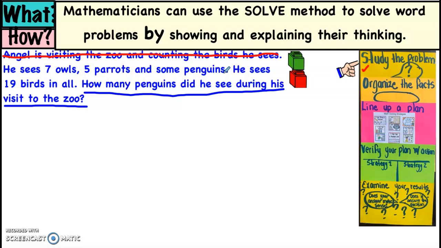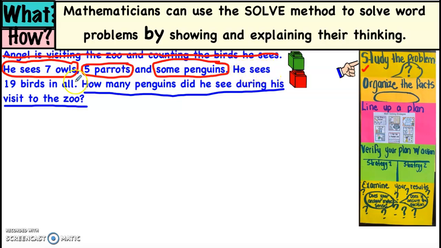Let's continue. It says that he sees 7 owls, 5 parrots, and some penguins. Do you think that we need to circle any of this information in order to solve the problem? If so, what do we need to circle? What do you think is important? If you say that 7 owls is important, I agree with you. 5 parrots, that's also important, so I'm going to circle it. Some penguins, I also believe that's important, so I am going to circle it.